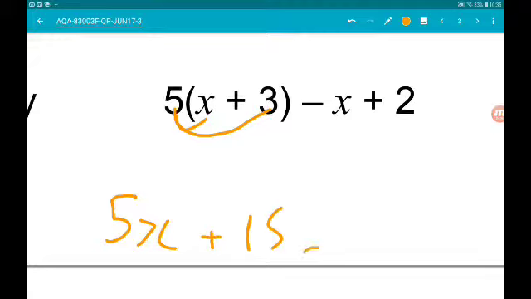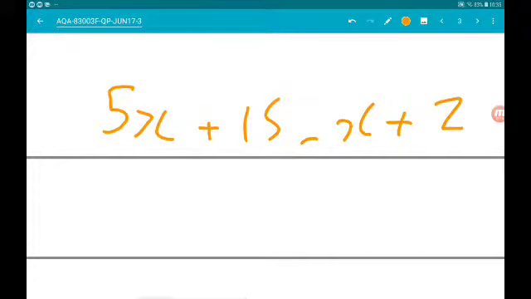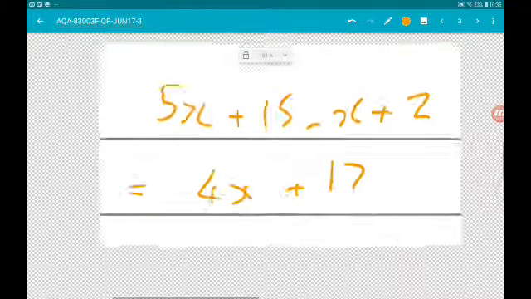Then we've got minus x add 2. So 5x minus x is 4x. And then we've got 15 add 2, which is going to give us add 17. Cool.